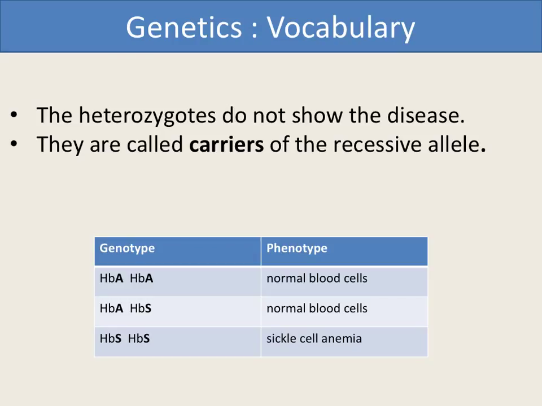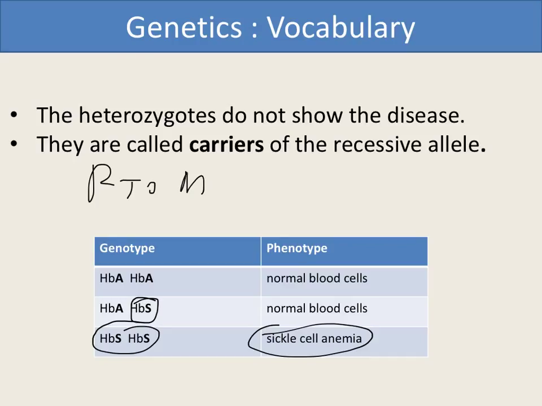In this case, heterozygotes don't show the disease, sickle cell anemia, but they carry the allele. However, they're resistant, remember, to malaria.